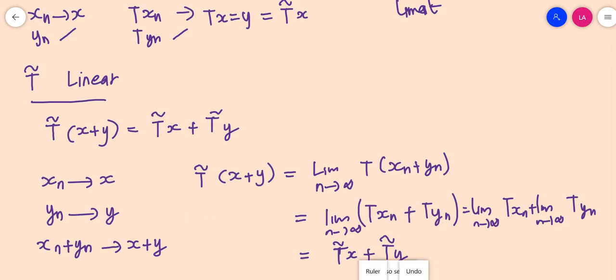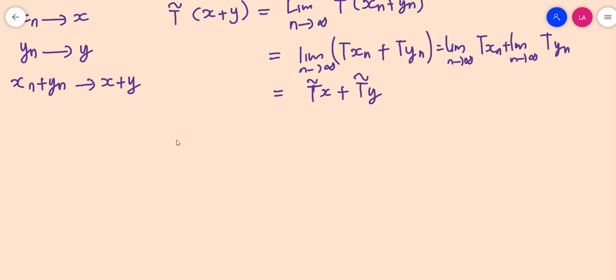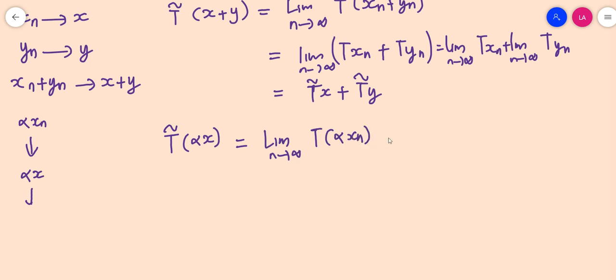Now the second part: T tilde of alpha x. Corresponding to alpha x, we have a sequence alpha xn which converges to alpha x. So T tilde of alpha x is equal to the limit as n tends to infinity of T of alpha xn, which by linearity equals the limit of alpha T of xn, so alpha times the limit of T of xn.